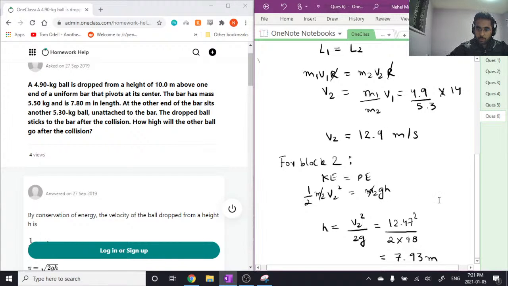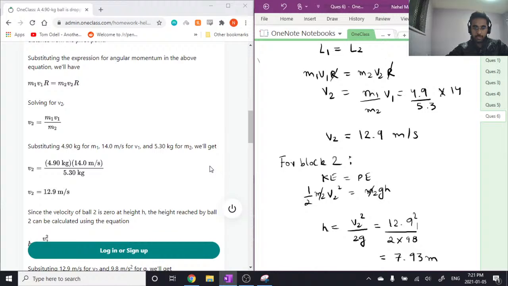And then for block 2, everything is correct, we just have to replace this quantity to be 12.9 squared. So we get the final answer as 12.9 squared divided by 2 times 9.8, which is equal to 8.49.